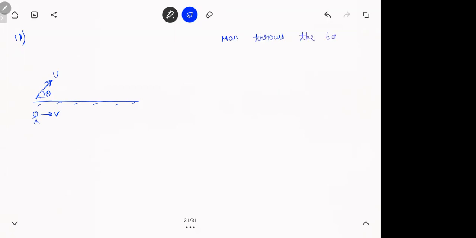He is just running horizontally, in a straight line. Find v if he catches the ball. With what speed should he run to catch the ball?